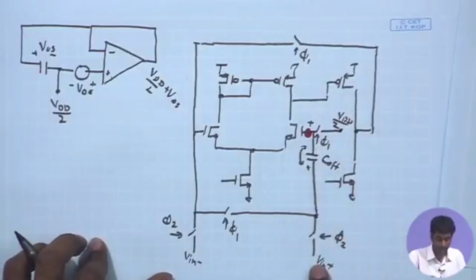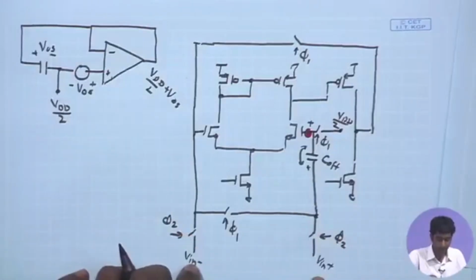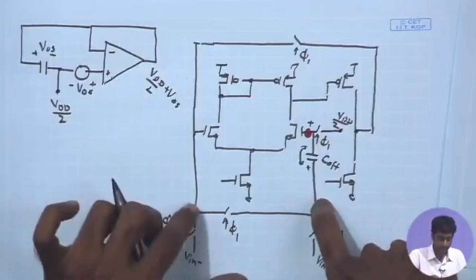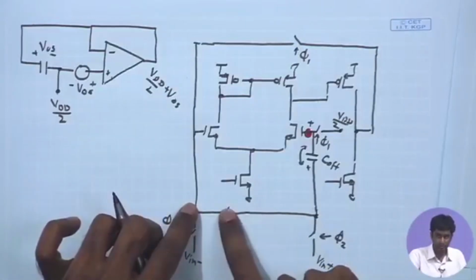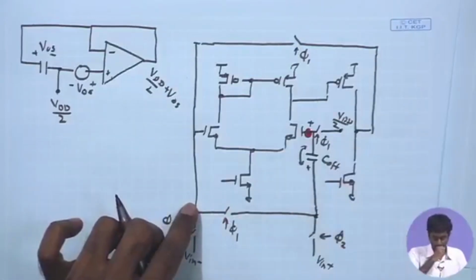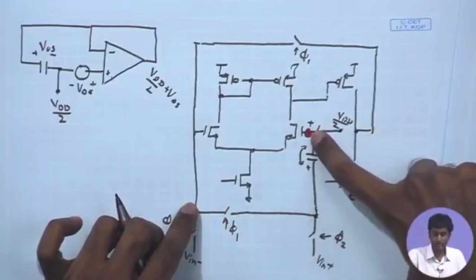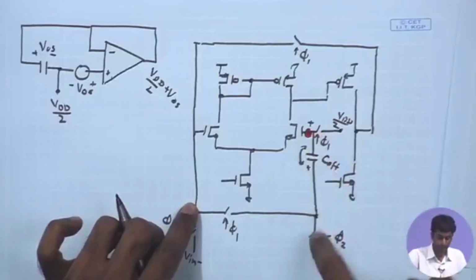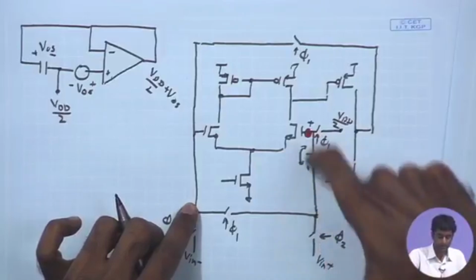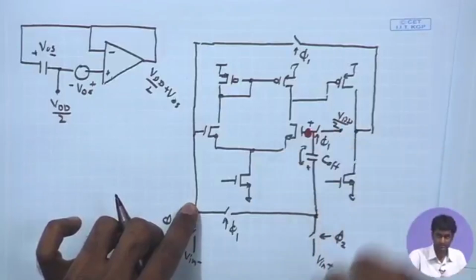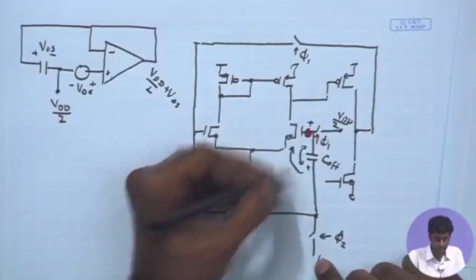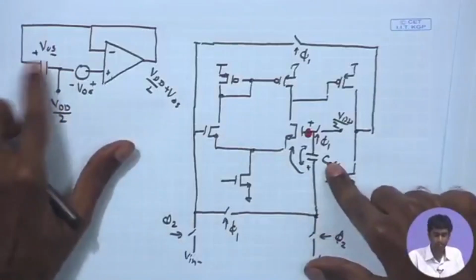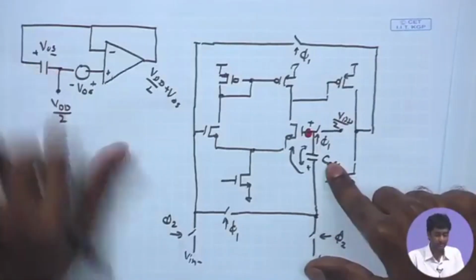So, whenever we connect the phi 2 switches, this potential is V in plus, the phi 1 switch is turning off, as a result the potential over here must be equal to the V in plus the potential drop across the capacitor in this direction, and in this direction what is the potential drop across the capacitor? We have seen minus V offset, because this is plus minus in this direction.